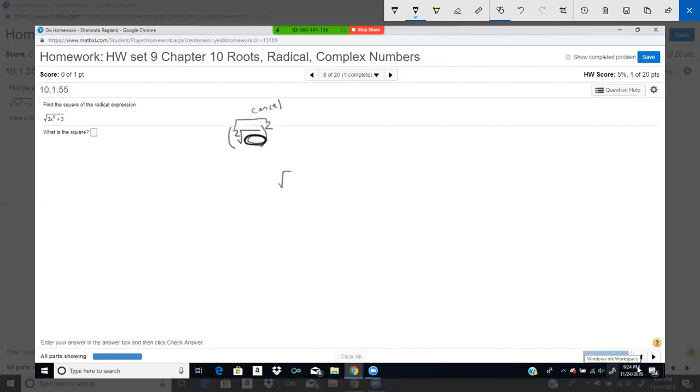So if you have the square root of 3x to the 9th plus 3, and I square it, this gets you into the habit of when you get ready to solve nonlinear equations. You want to get rid of the radical. You square both sides. That will eliminate your square root. If I was dealing with a cube root, I would cube it to get rid of my cube root. So when I square the square root, I'm just left with 3x to the 9th plus 3. That's it.